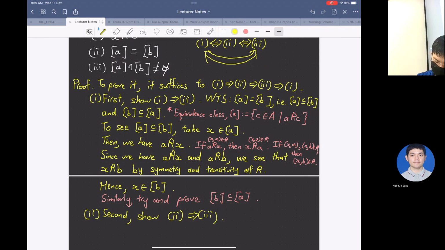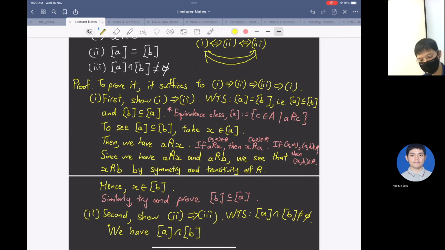So what is the intersection of A and B, given that you know the two sets are the same?